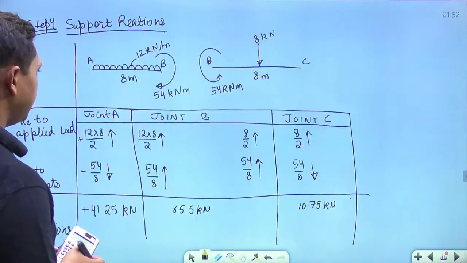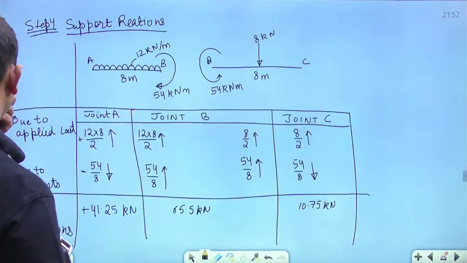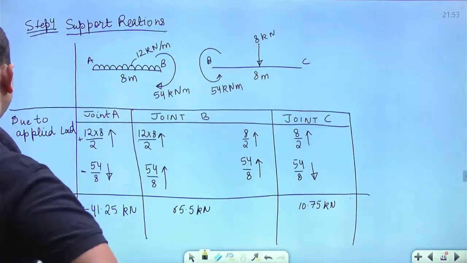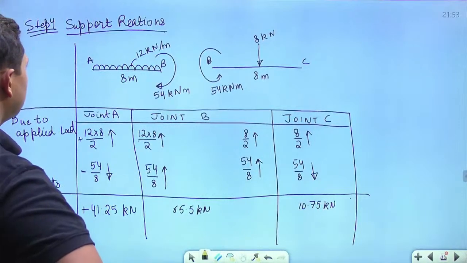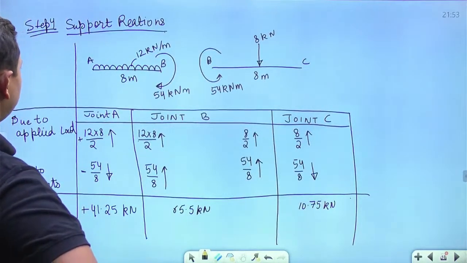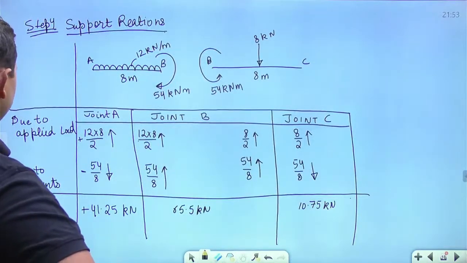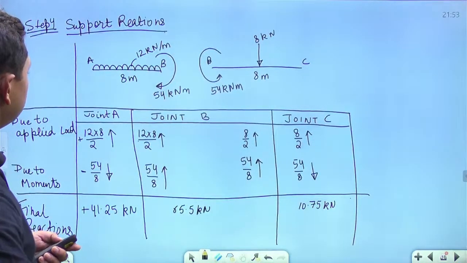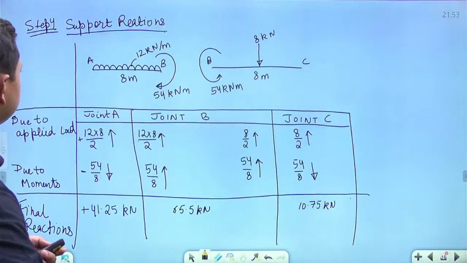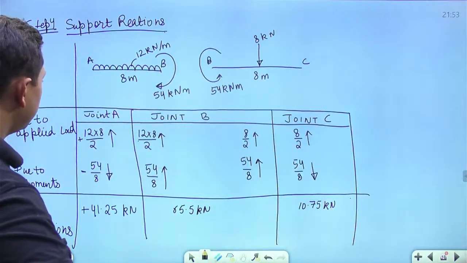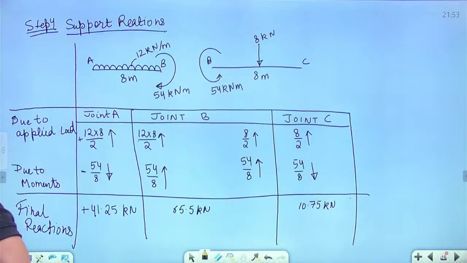And this much is right, no problem over here. WL by 2, WL by 2, 8 by 2, 8 by 2, 54 by 8, 54 by 8, 54 by 8, no problem over here. Then why is it having an issue? There should not be an issue. Actually, the summation of vertical forces is not coming out to be equal to 0. There is some issue over here.